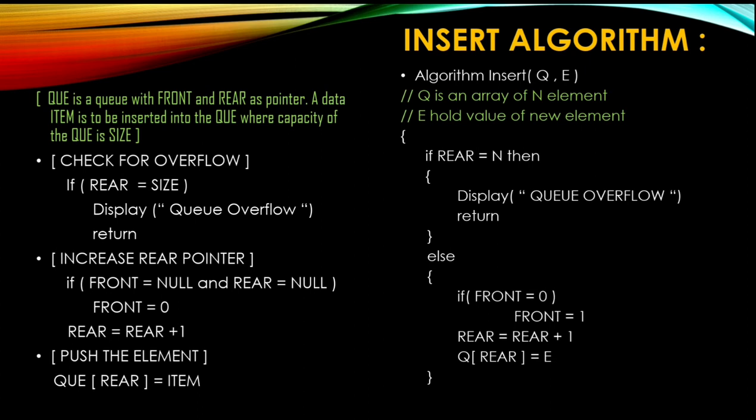If we are entering the first element, then front is equal to 0, and we have to keep front in the first location, because rear always increases by 1, so that front can be in the first location always, and rear will increase by 1 for inserting the element, and we are inserting element e in the rear position of Q. In this way we will end our algorithm.